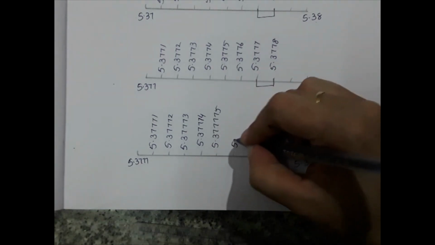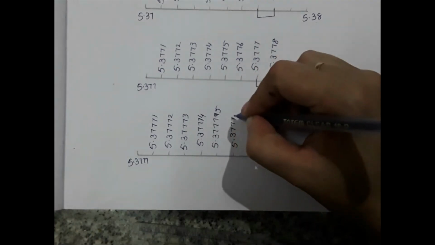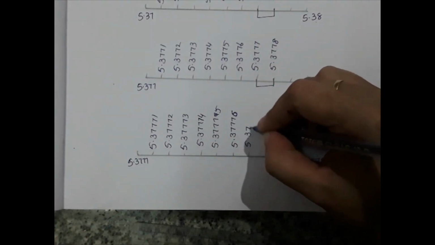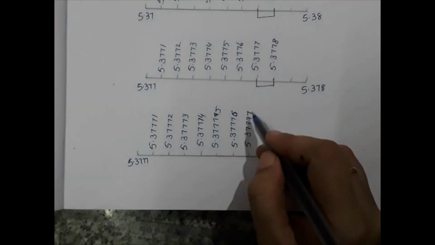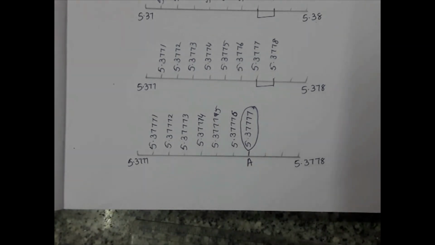Next one is 5.37776. Next one is 5.37777. Okay, that is what we need, the question, is it? So mark that. This point is what? Mark that as A. That is 5.37777. Okay, this is our answer.